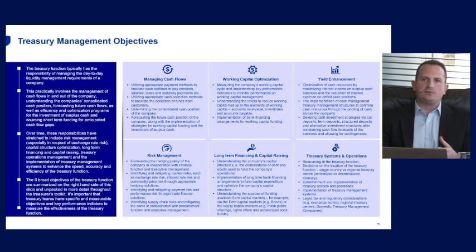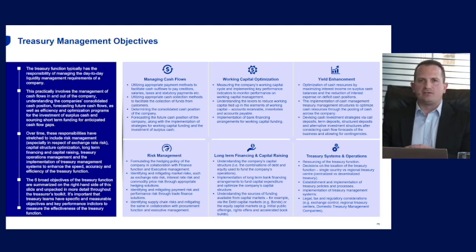Now, in the Treasurer's Toolkit, we also do cover the various hedging solutions which can be utilized to assist a company in mitigating certain market risks, such as exchange rate risk, interest rate risk, and commodity price risk. We also do go further than that and also touch on the concepts of payment risk and performance risk and how these risks can be mitigated through trade finance solutions, for example.